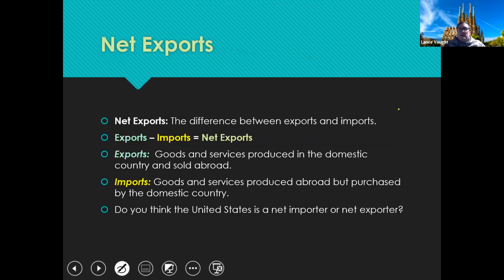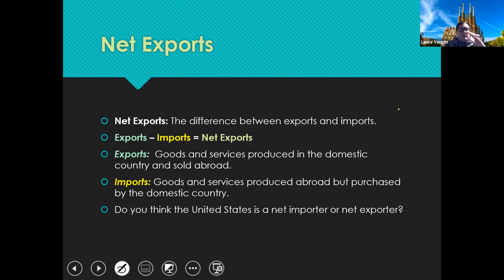The last one is net exports. So again, net exports is the difference between exports and imports. Exports are goods and services that are produced in the domestic country and sold abroad.